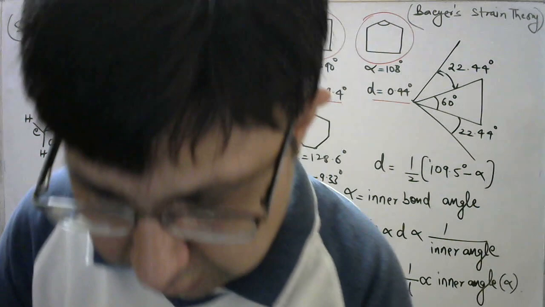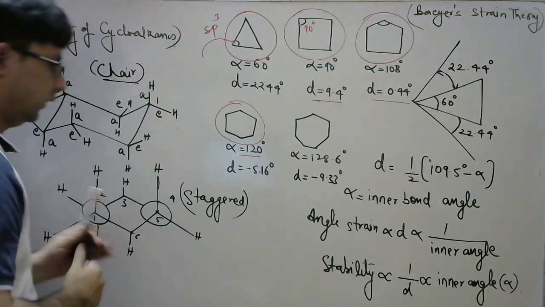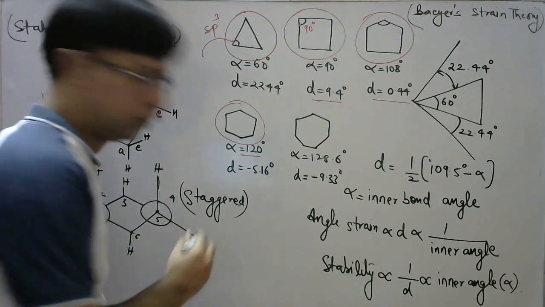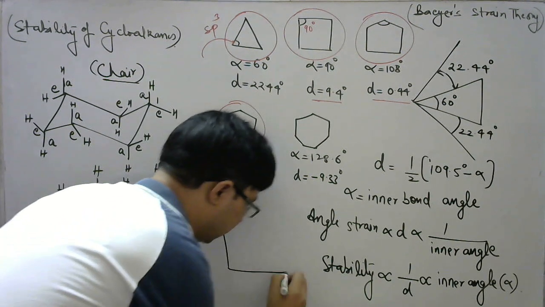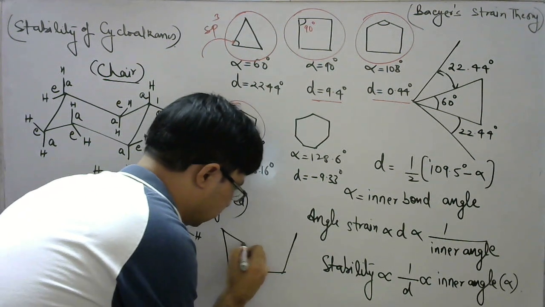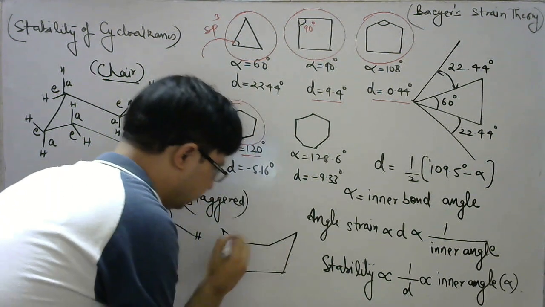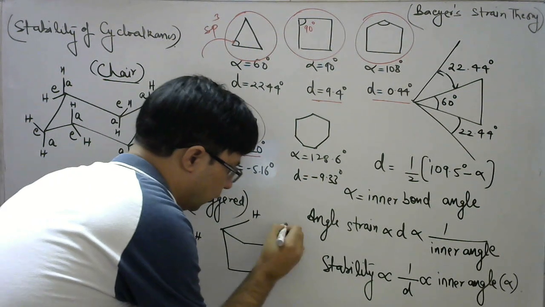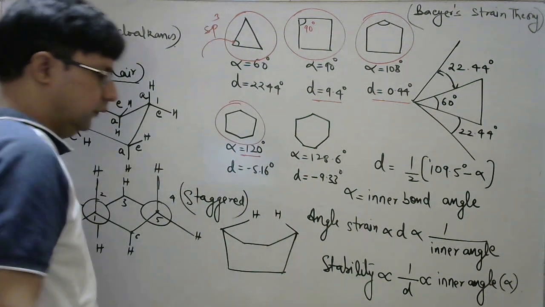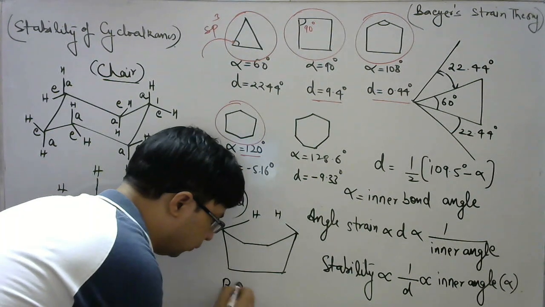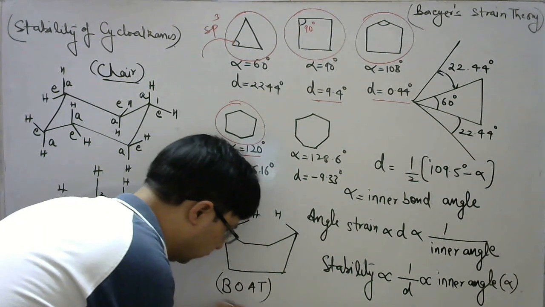And if we tend to draw the structure in this case, what kind of structure are we obtaining here in the case of this other form of cyclohexane? This we call the boat form of cyclohexane.